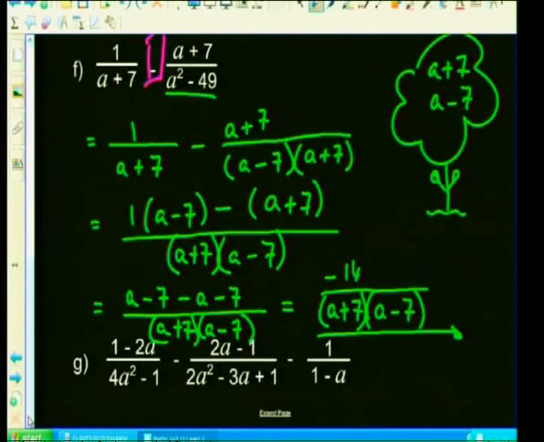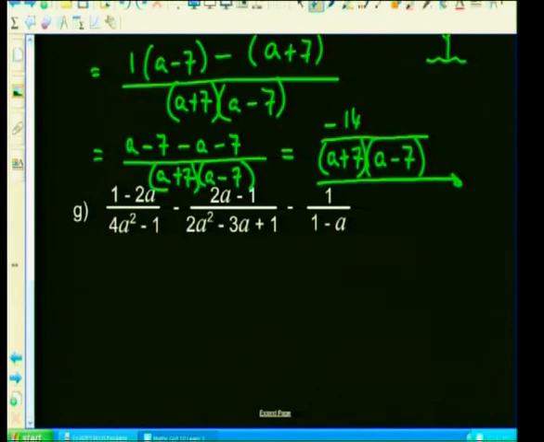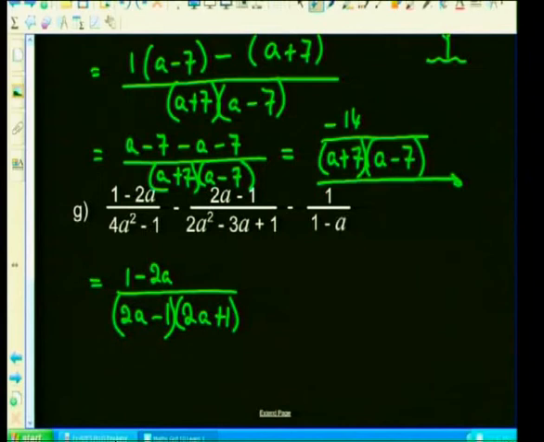Let's move on to our last question on this slide. Yes, we're going to have to factorize. 1 minus 2a on top, and we'll have a 2a minus 1, 2a plus 1 in our denominator. Ooh, perhaps we want to look at simplifying something there before we work out our difference in this question.